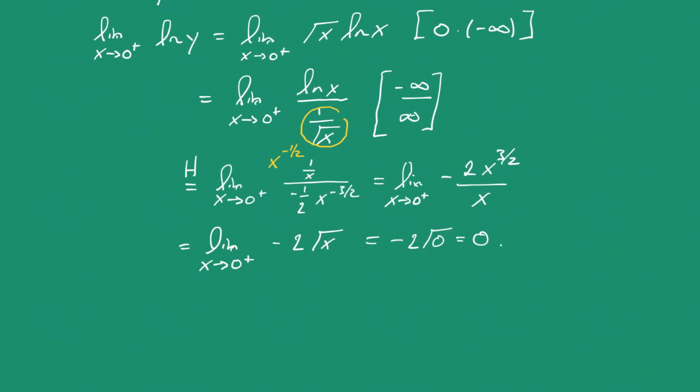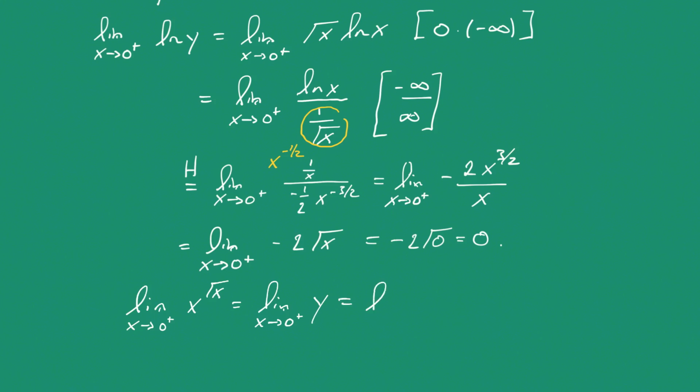That's the limit we were interested in. Well, that's just the function that we called y. So it's the limit as x tends to 0 from the right of y.